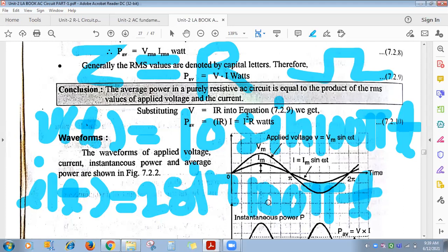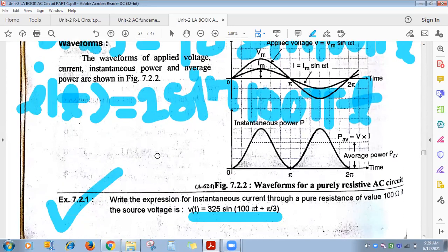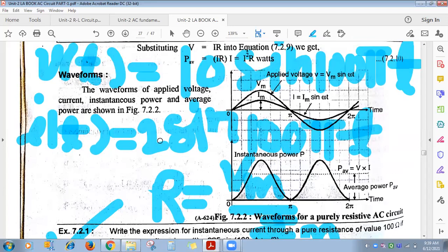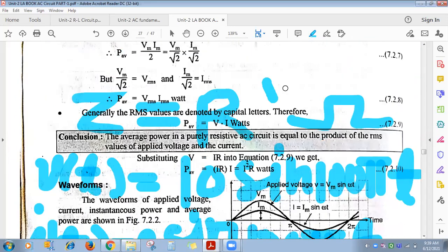Vrms by Irms and Vm by Im, will both ratios have the same value or different? Same, because root 2 will cancel, isn't it? So R you can find out here: Vm upon Im is R. So 10 by 2, that is 5 ohm, is the impedance.